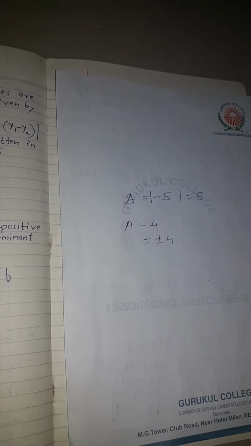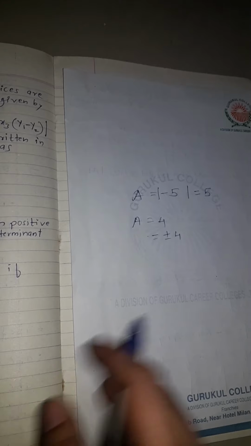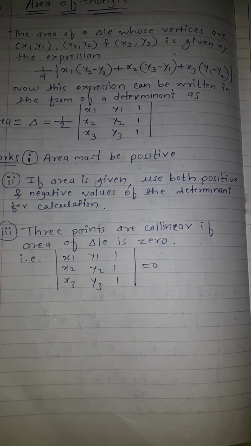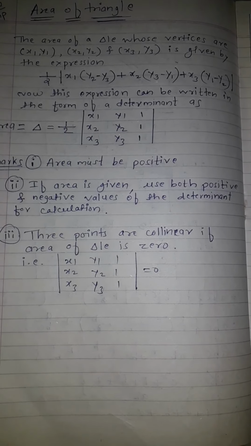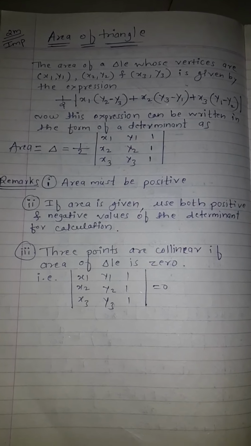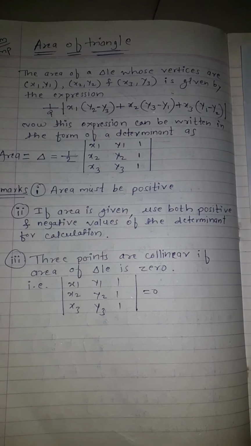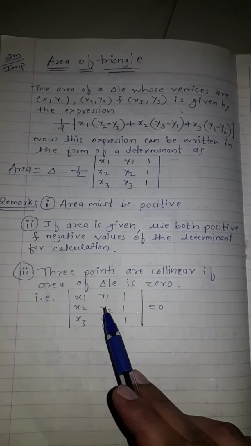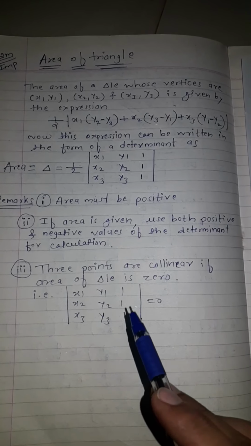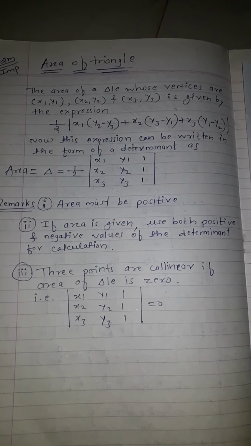You will come to know while simplifying the example. Third remark: three points are collinear if the area of the triangle is 0. If the area of the triangle is 0, then the given points are collinear. The formula is determinant of x1 x2 x3, y1 y2 y3, 1 1 1 equals 0.